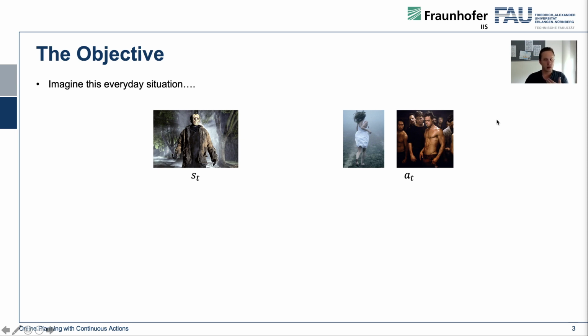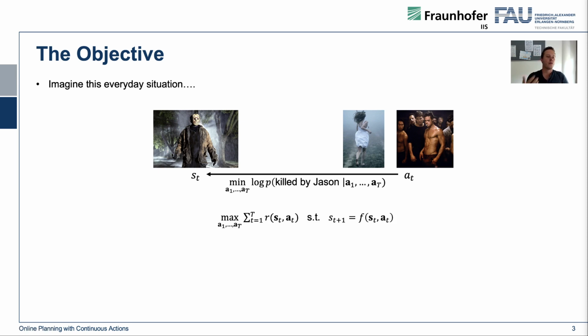So what you in the end want to do is minimize the probability of getting killed by Jason, given some action sequences A_t. So you want to find an action sequence A_1 to A_T that minimizes your log probability of being killed by Jason.